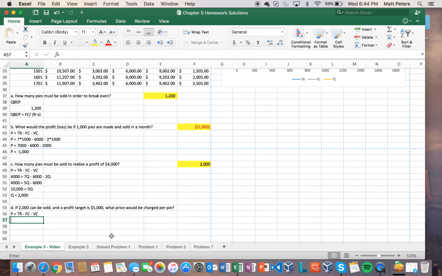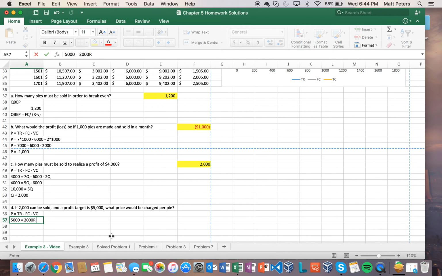We want a profit of 5,000 equals total revenue, which would be the 2,000 that we're selling times R, which is our revenue per unit. So what we're trying to figure out from this question is that revenue per unit.